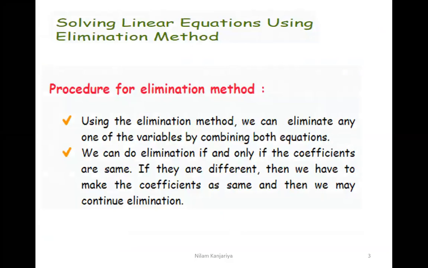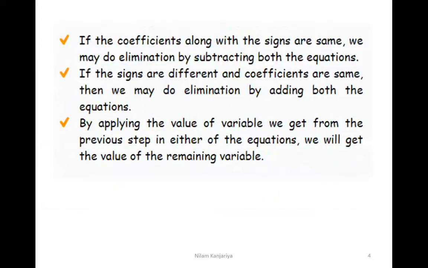Elimination method is just a combination of the both equations. If you make the coefficients same and their sign opposite, you can subtract one from the other. If the both variables are same and there is no opposite sign, you can multiply by minus, then you can eliminate any variable.